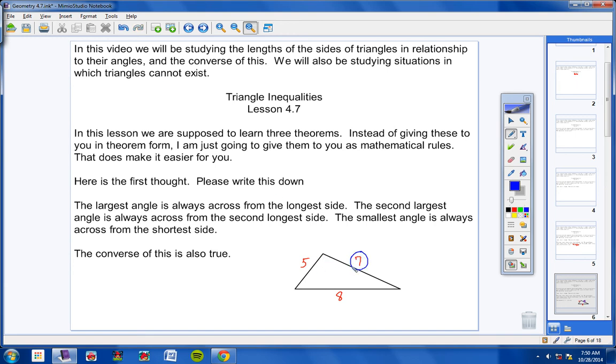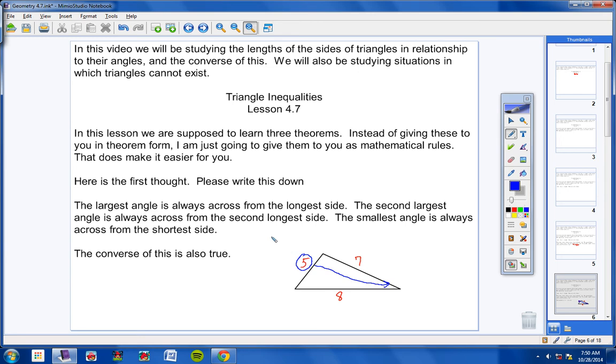So I know that this angle here is the second largest angle because it's across from the second longest side. Now, I know where the smallest angle is because here's the smallest side. Go straight across, and that's the smallest angle. It's that easy. So even though sometimes you don't know the measurements of the angles, we still know some things about them.